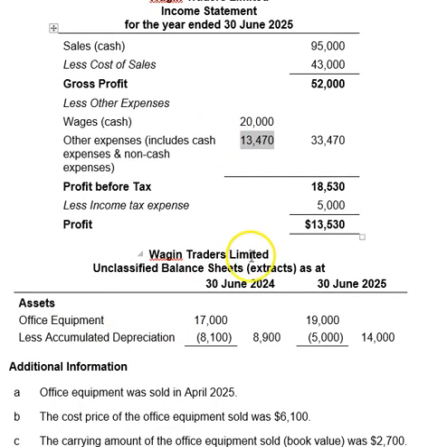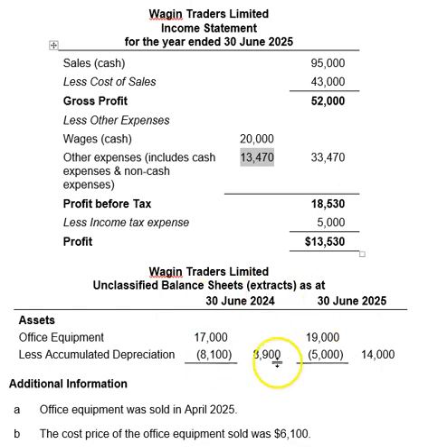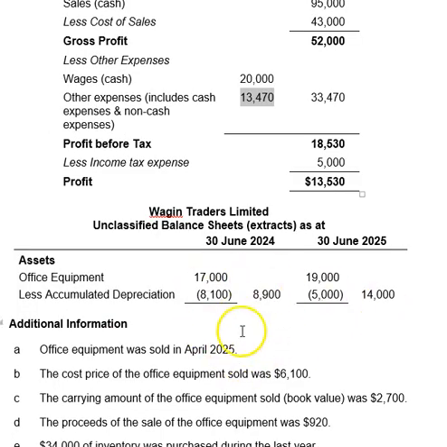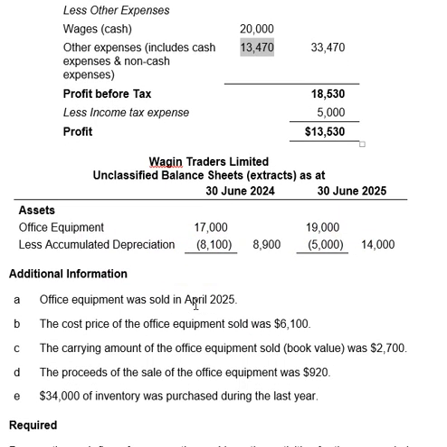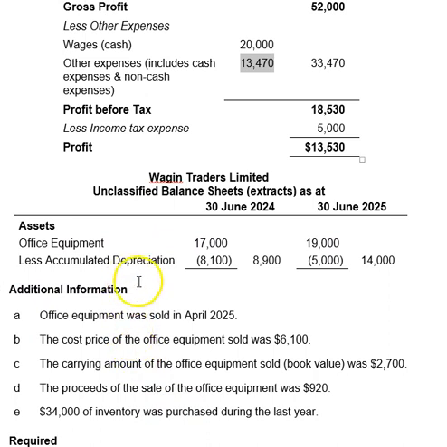So we have a balance sheet over here that shows us the opening balance and closing balance of the office equipment. It also shows us the accumulated depreciation opening balance and closing balance. And we have a few additional information here.